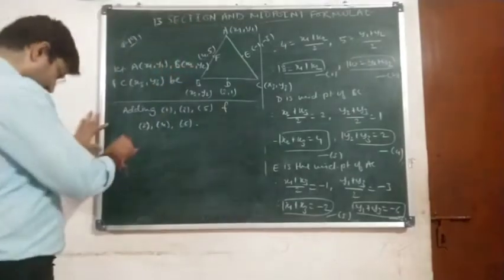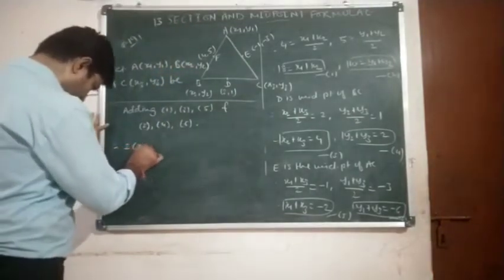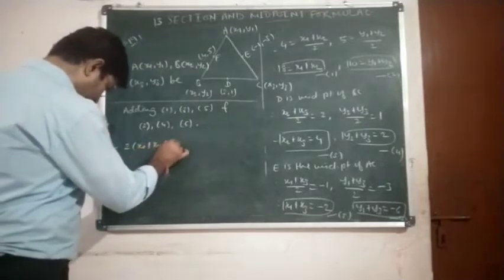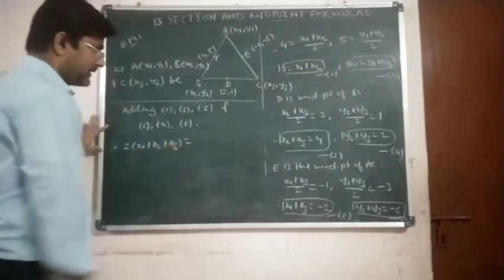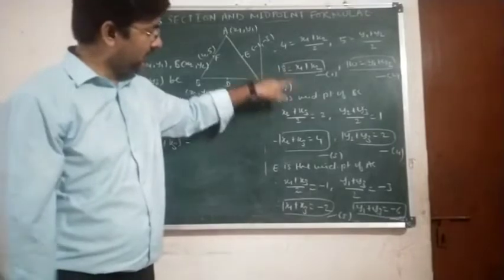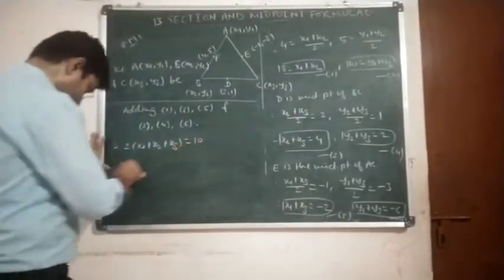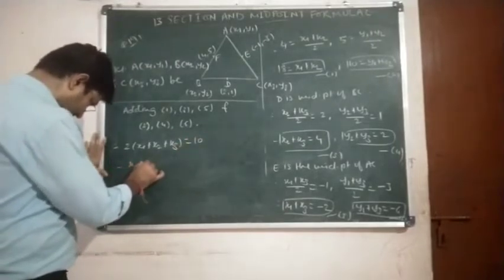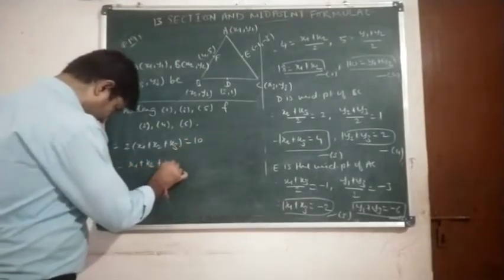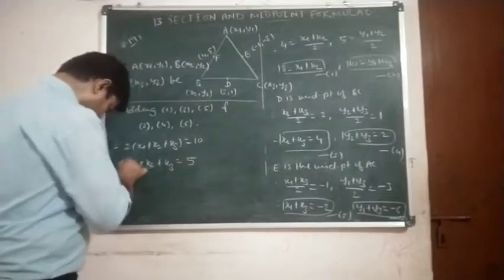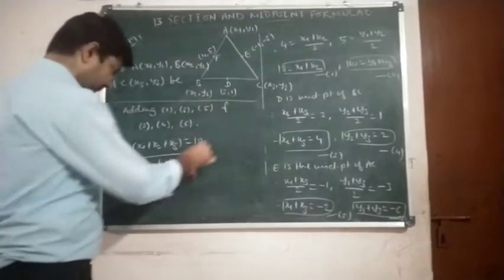On the left side we can take 2 common: 2 into (x1 plus x2 plus x3) is equal to 12 minus 2, 10, and therefore x1 plus x2 plus x3 is equal to 5.